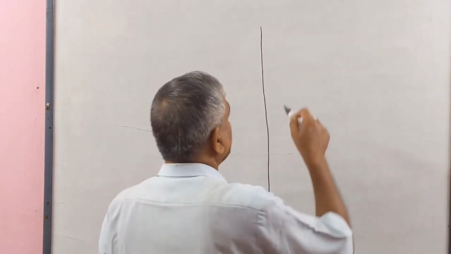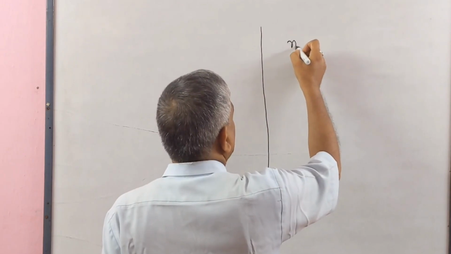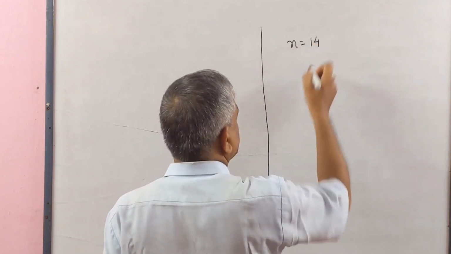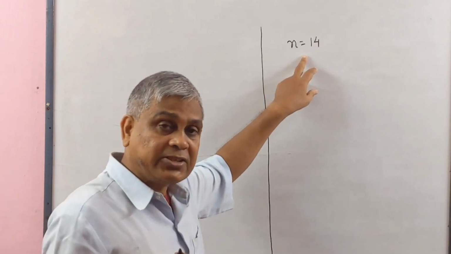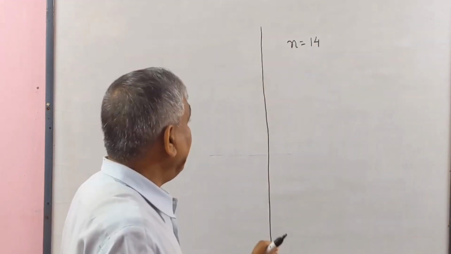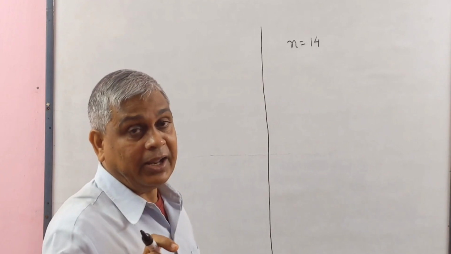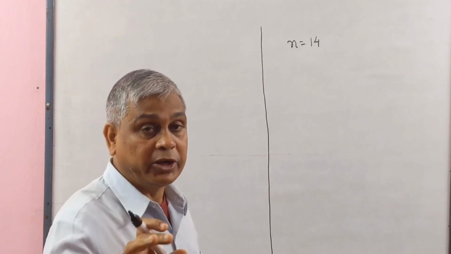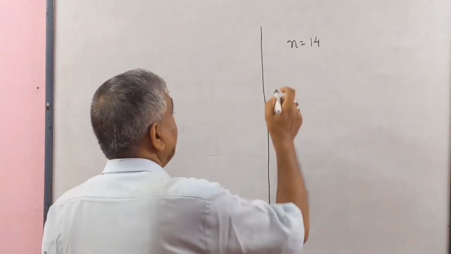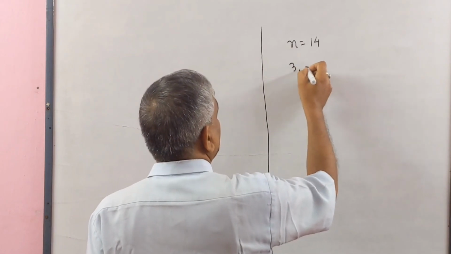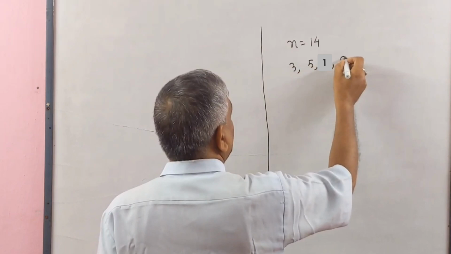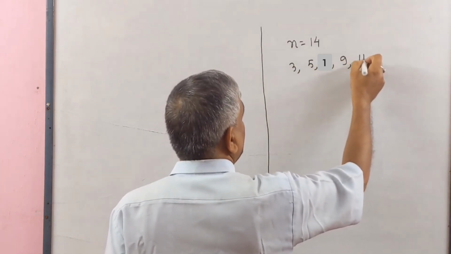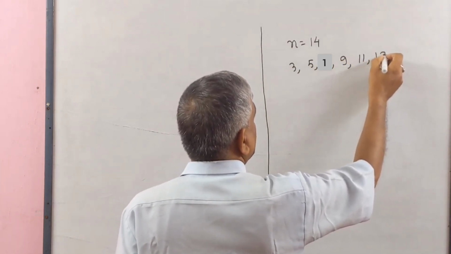Let we have a number n equal to 14. Positive integers not exceeding 14 and they are relatively prime to 14 be 1, 3, 5, 9, 11, 13.